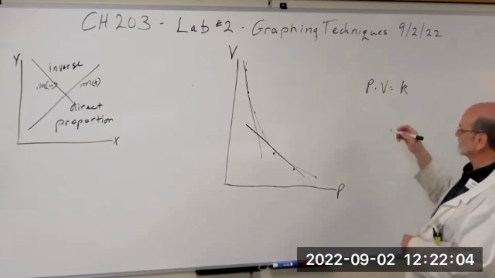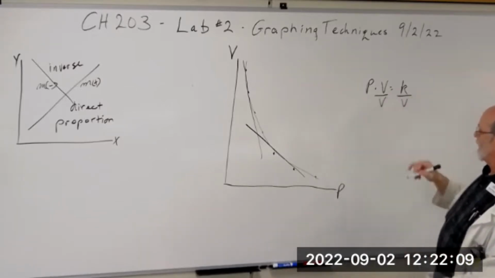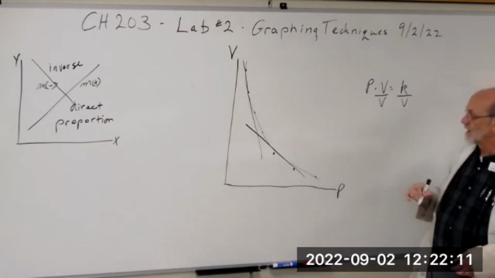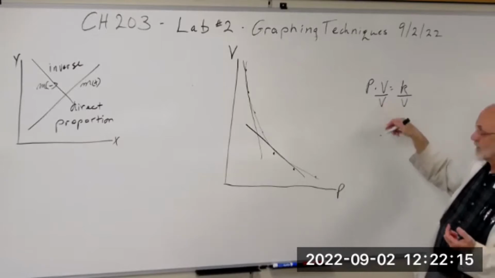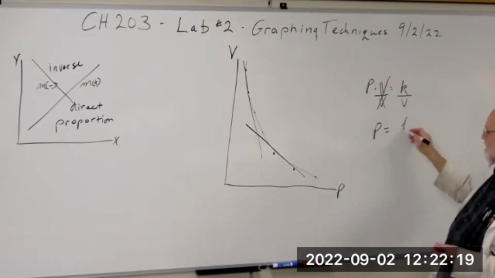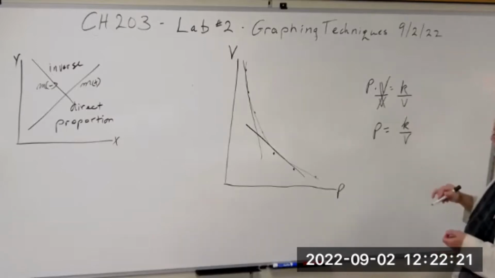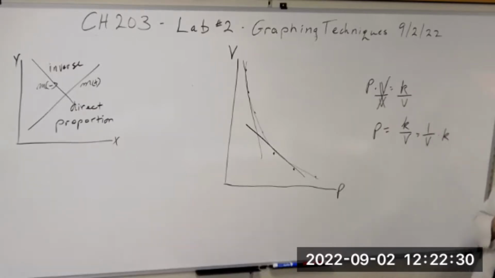You're paying attention. Divide both sides by V. Right, we can do that. Now, what is that? This one goes away, right? And the V's on this side now. But I'm going to pull that constant out. Right, can I do that?